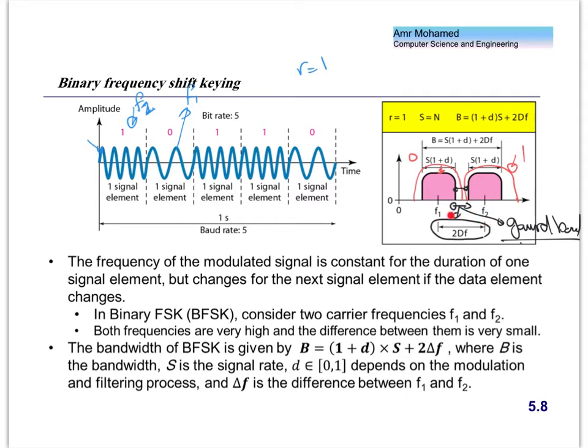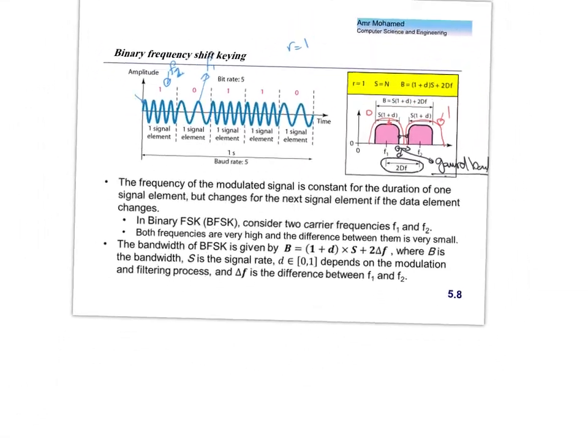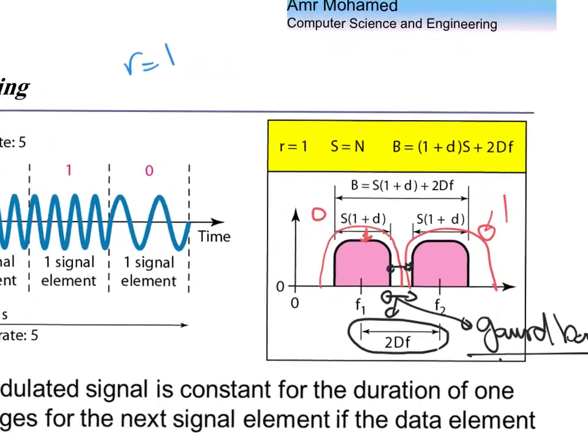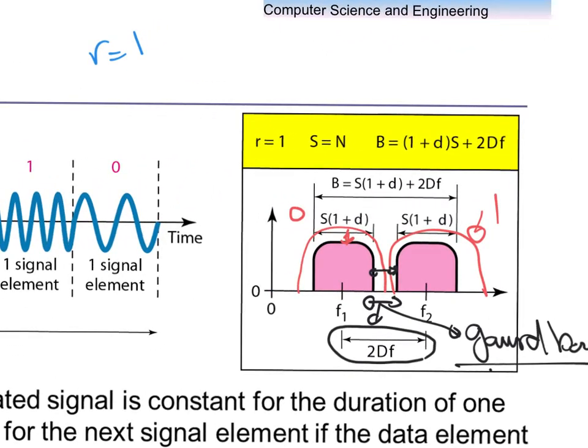However, because of the separation and the guard band, we have to introduce the parameter 2 delta F. So in fact, the bandwidth, if we look here, zoomed in, we have here half times 1 plus D times S, and this is half of 1 plus D times S, right?